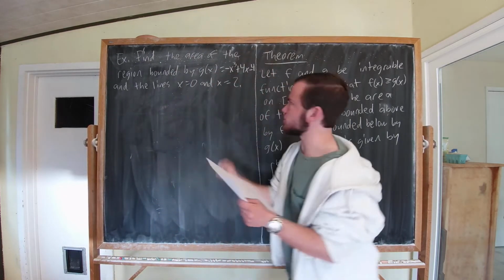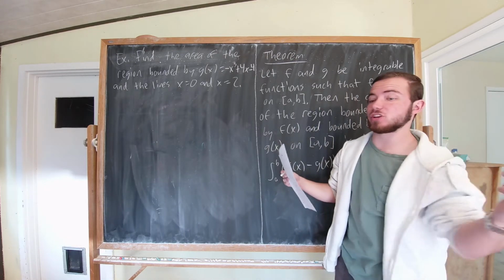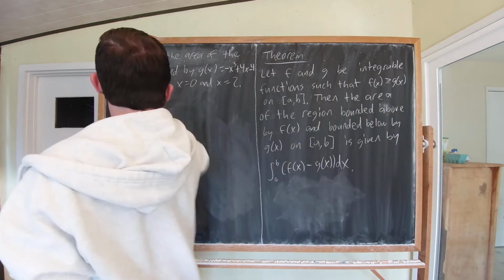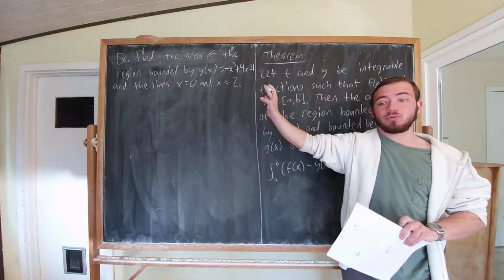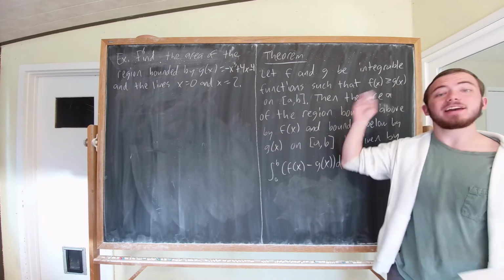They might say y is equal to negative x cubed plus 4x minus 4 instead of g of x. Same thing. Alright, so one of the most helpful things you can do with a problem like this, if you're having a hard time figuring out what's going on, is draw a picture.